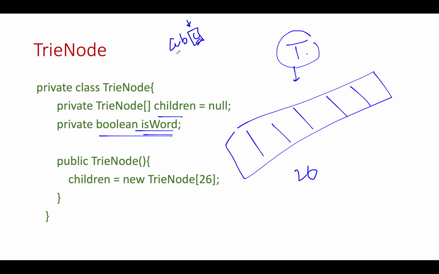I'll talk about how we create nodes across a given word, but just remember, for the terminal character, you will store this information that the word has been marked completed in your trie node. And the reason for creating 26 children is that English lowercase characters have 26 characters. So for each character, we create a separate node.